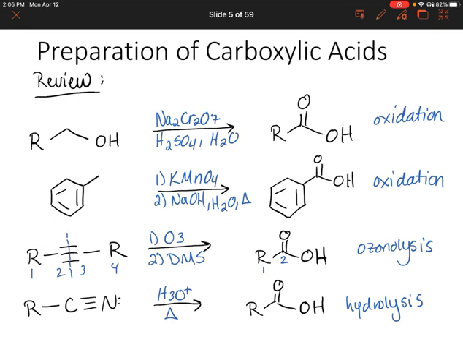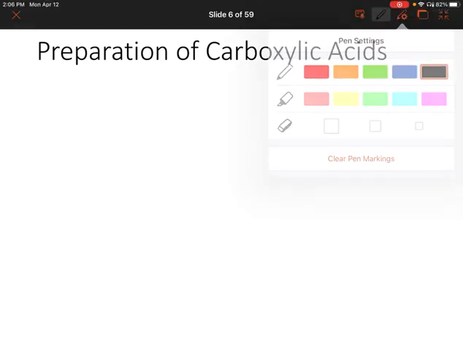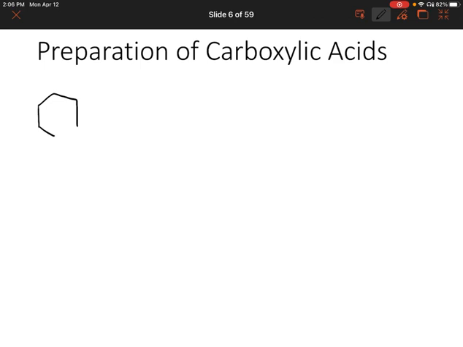All right. Now, there is one other way that we can prepare a carboxylic acid. We could start with an aldehyde, and this could really be any aldehyde. It doesn't have to be benzaldehyde, which I drew here.